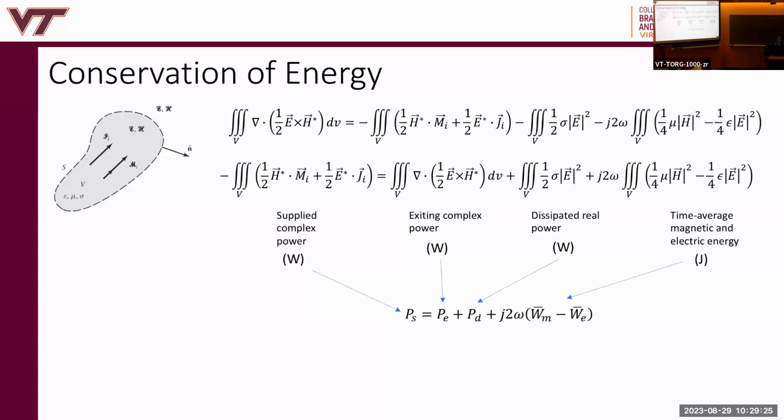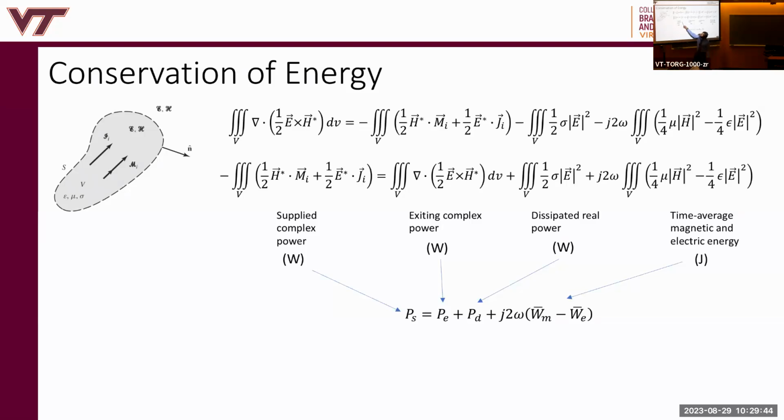So you can write this in integral form. I just integrate both sides and apply the divergence theorem, which is what I did. So you can integrate everything, and by integrating these quantities, instead of them being per meter squared, per meter, I can call these watts, right? So supplied complex power in watts.